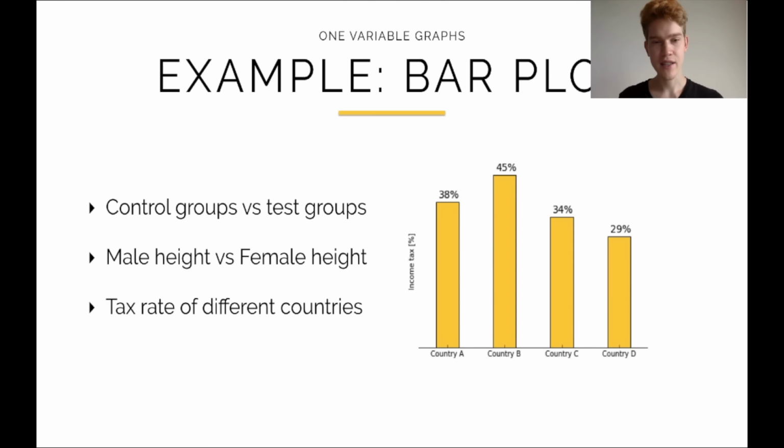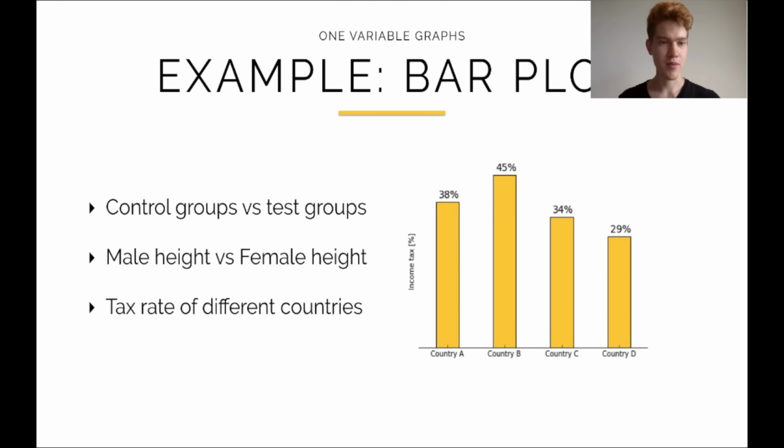If we look at an example on the right here, we look at different countries, and we show the average income tax. We see that country B, for example, has the highest average income tax, whereas country D has the lowest income tax. So through this, we're still only looking at the income tax variable, but we are able to compare it over different groups, over different categories, if you will.